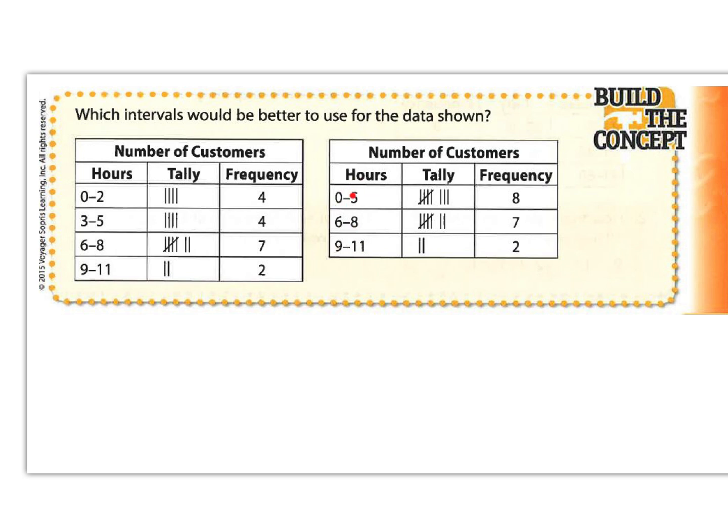So they kind of just combined the 0 to 2 and 3 to 5 into this first one. If we want it to be even, 0 to 2 hours, 3 to 5, 6 to 8, 9 to 11, these are more evened out. This one is showing a lot more all at once, for 0 to 5 hours. So if you look at it here, this data table makes more sense to use.